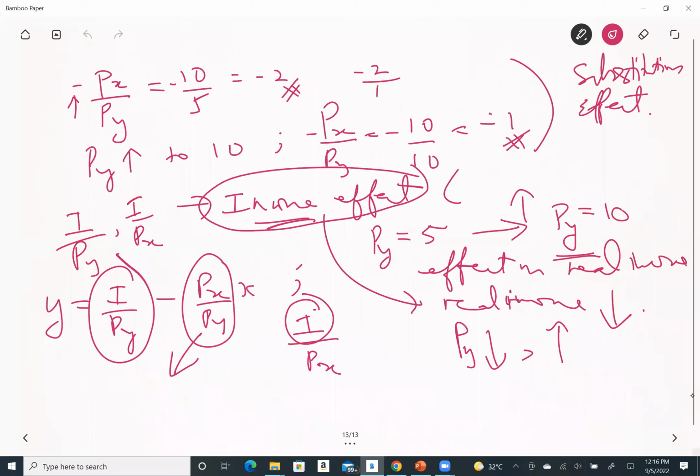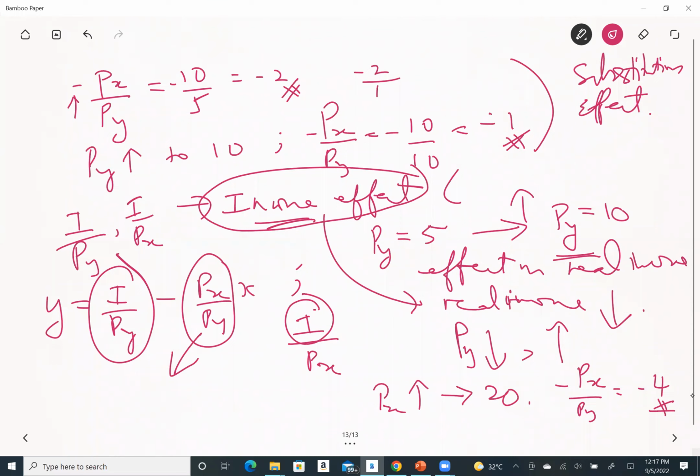Suppose the price of X, which is petrol, increases to 20. So our relative price now becomes -4. So for 1 unit of petrol, I can get 4 units of rice.